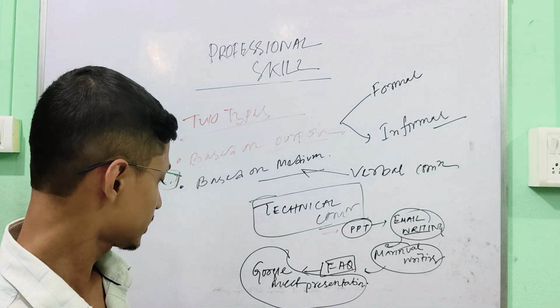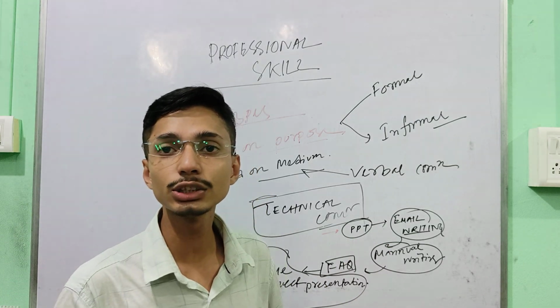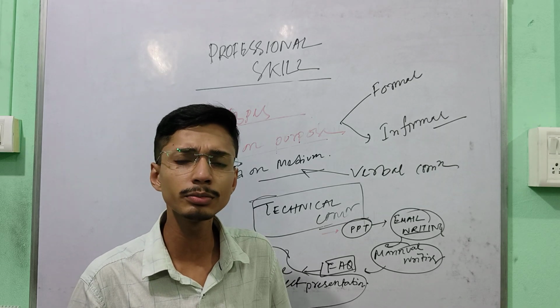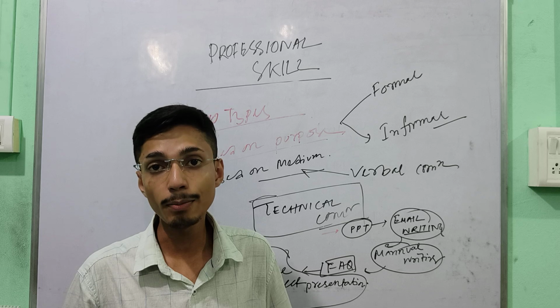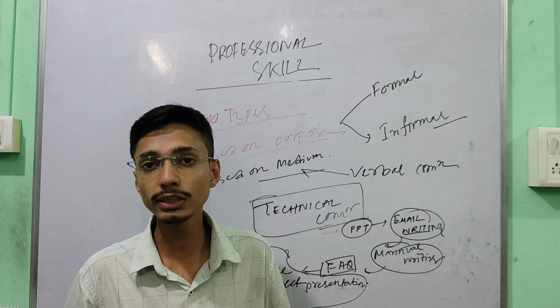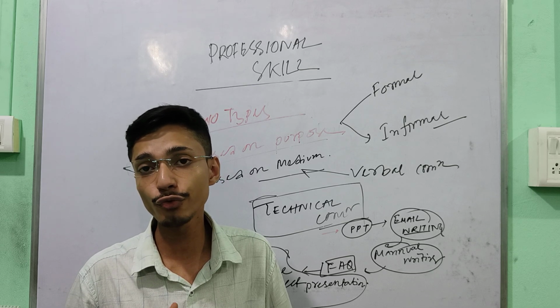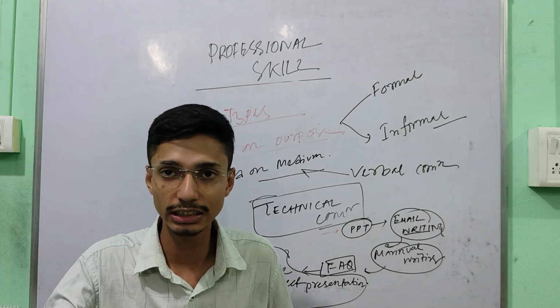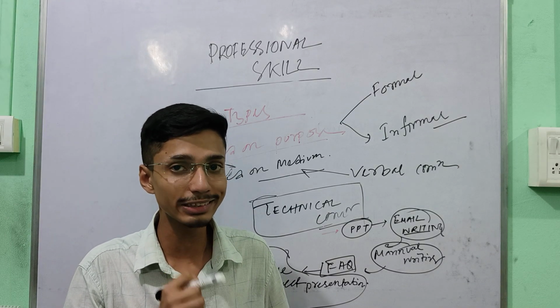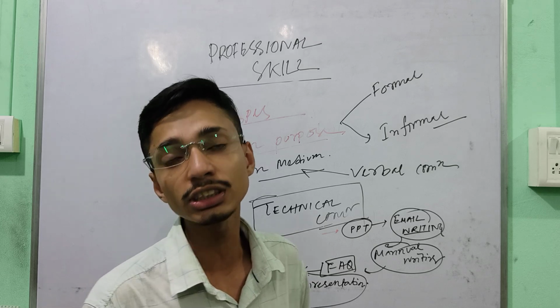The next step is the 7 C's of effective communication. What does 7 C mean? In each and every communication process, we have to maintain some decorum so that the communication will be fruitful and effective. That's why the name is effective professional communication skill. If the communication process is not effective, then we can't say it is successful.